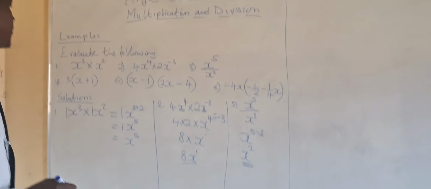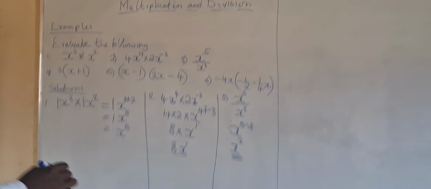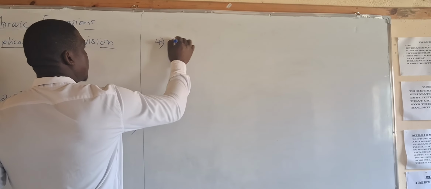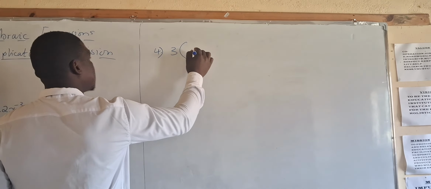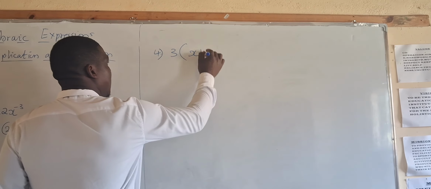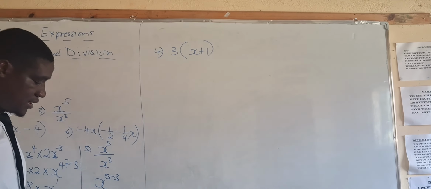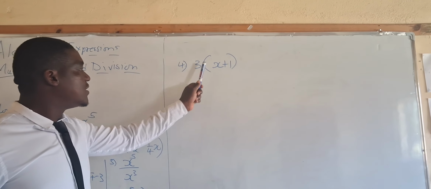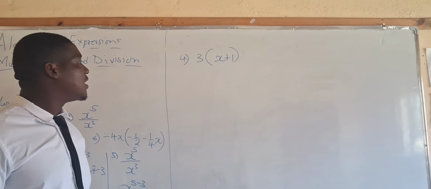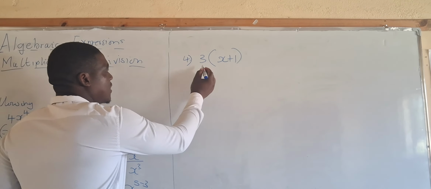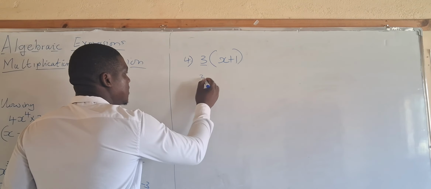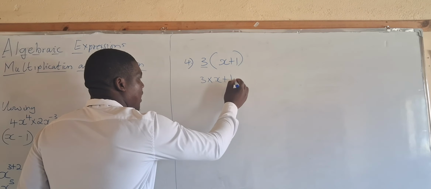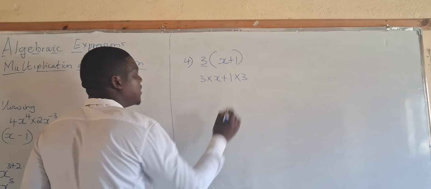We're moving to number 4, which is saying 3 open bracket x plus 1. You see, this 3 multiplies everything inside this bracket. So you are saying 3 times x plus 1 times 3.